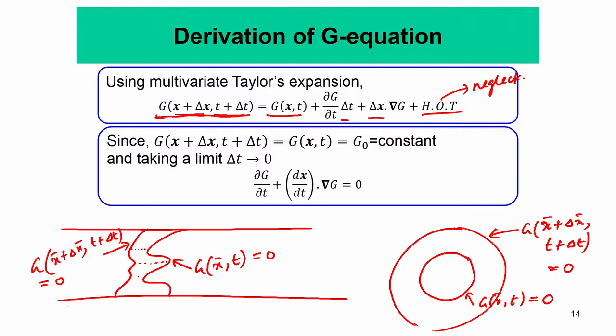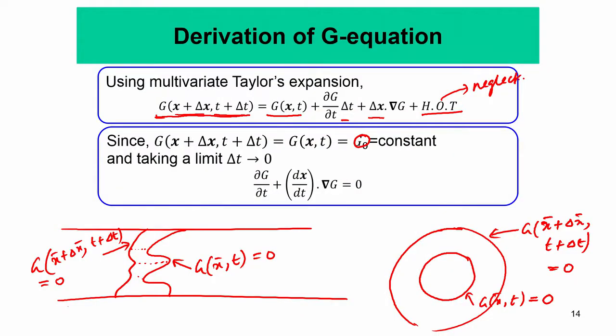So, the value taken by this function G does not change, which is equal to G_0. In this particular case it is equal to 0, which is essentially a constant. If you denote it by G_0, it is an arbitrary value, or if you denote it by 0, it is 0.